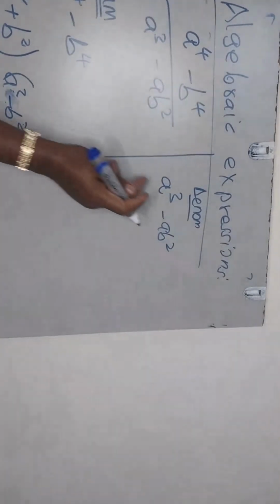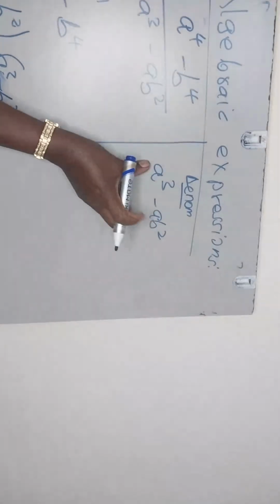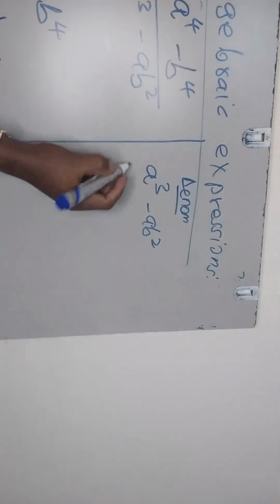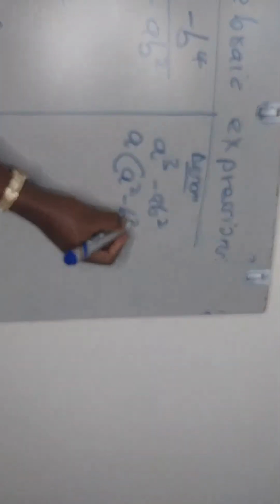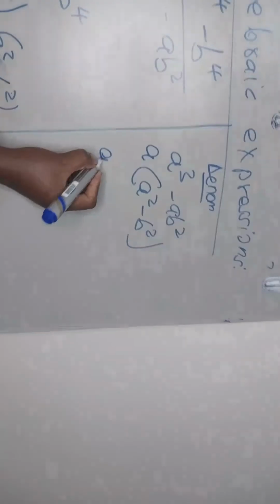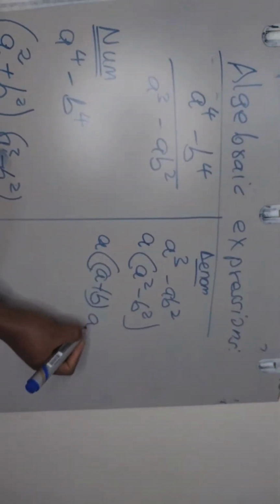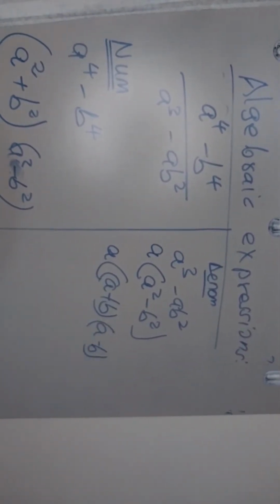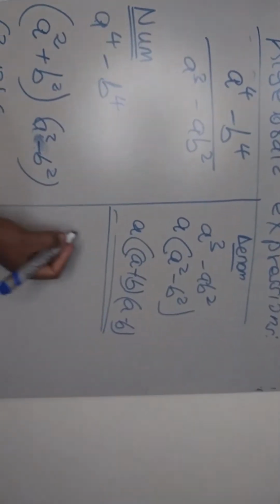We got to know a perfect square of a cubed. So we have to do a, because here there is an a and here there is an a. A into a squared minus b squared. So this is the same as a into a plus b, a minus b. Again, our numerator ends there.